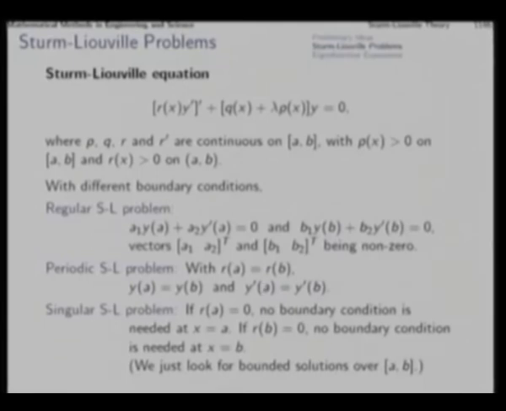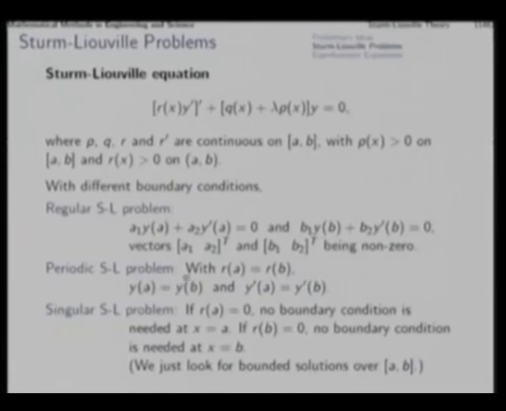This makes direct sense in a situation where the variable under question, say x, is a cyclic variable like the angular position theta on a cylinder. So, in that kind of a situation r 0 and r 2 pi will be same. So, in that case this is a natural condition, y 0 and y 2 pi are the same, y prime 0 and y prime 2 pi will be same. So, this is the periodicity involved.